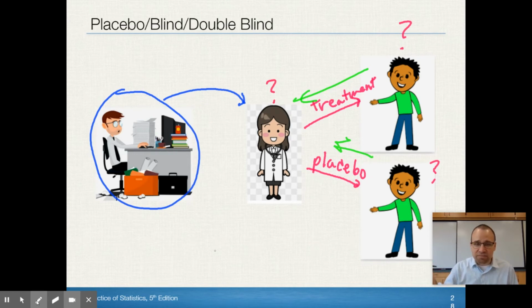They just have a series of numbers and then they administer the treatment or the placebo to the person. That is called double blind, when both the doctor and patient do not know which treatment is which. That way no one can read the facial expressions, and the placebo effect is really minimized.